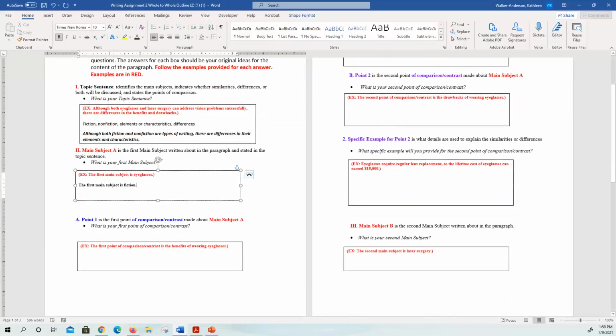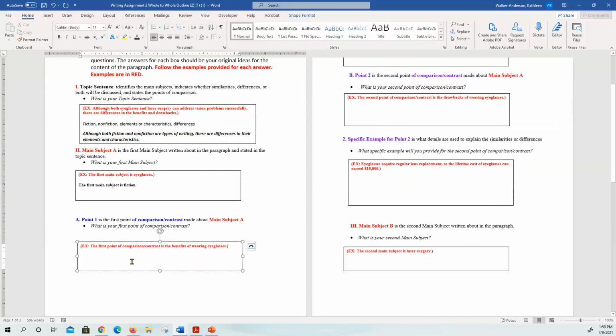Now I have my points of comparison, which are my differences, but the category of differences that I'm talking about are the elements and characteristics. So the first point of comparison or contrast is the benefits of wearing eyeglasses. That's my example.